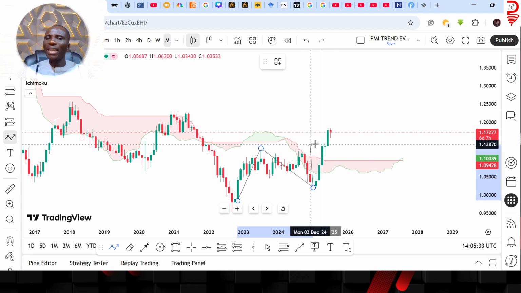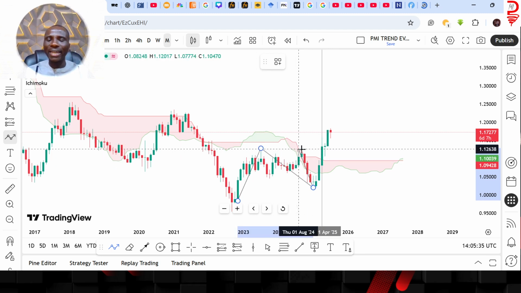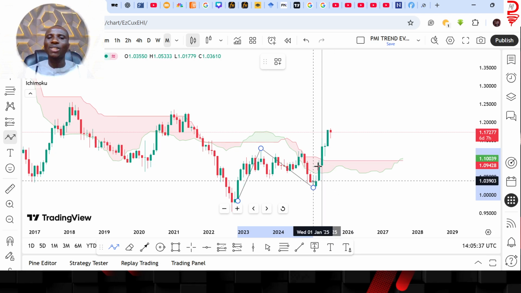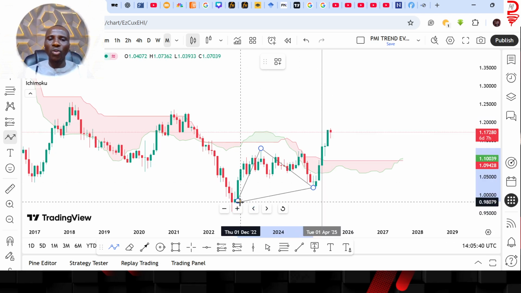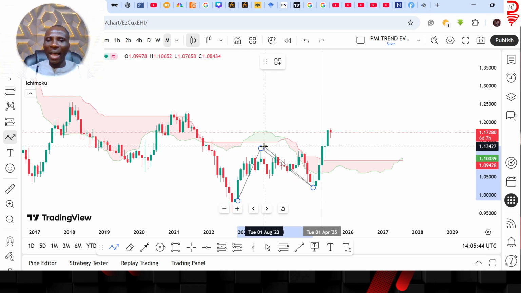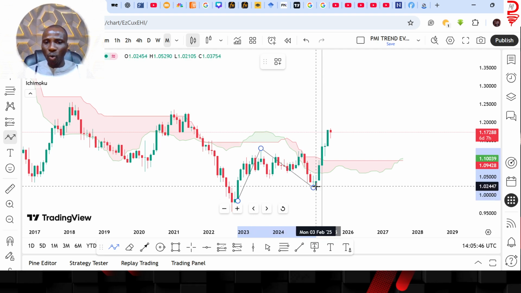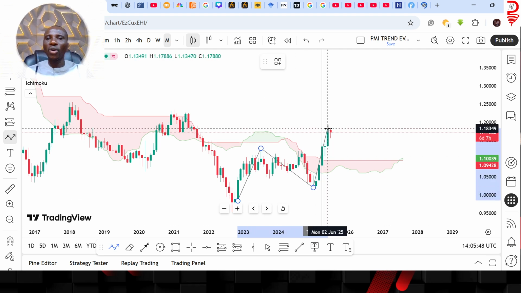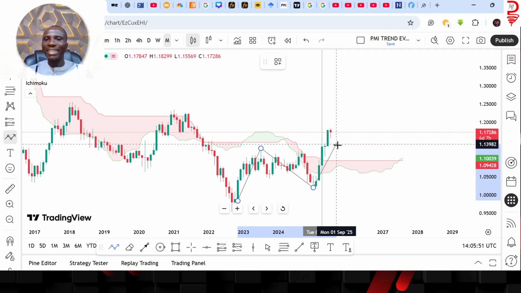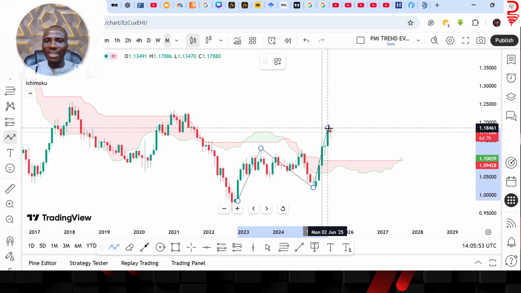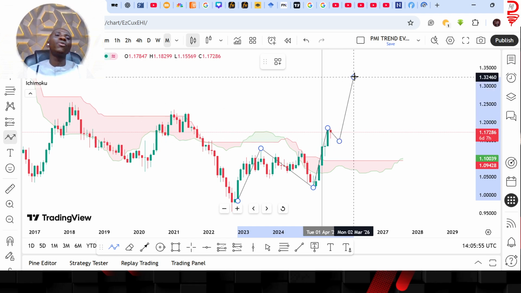So whether you consider this one to be a range, at least this price has broken above. So you have a low, a high, a higher low. We have gotten a higher high. This market is expected to correct like this and move up.